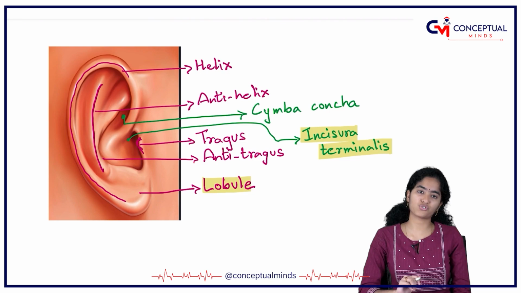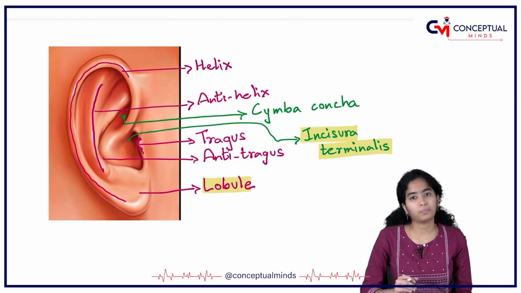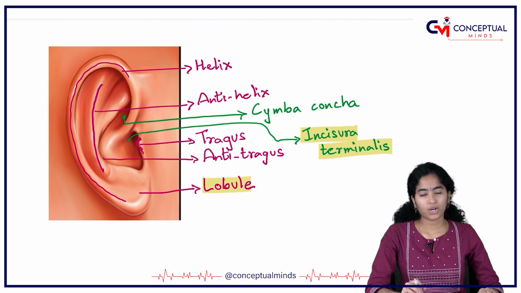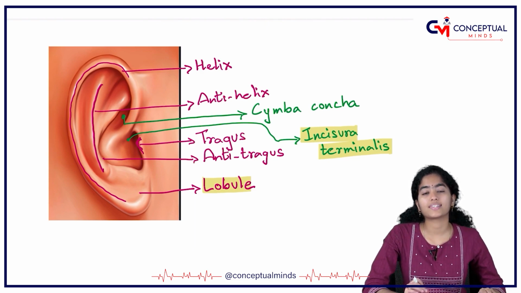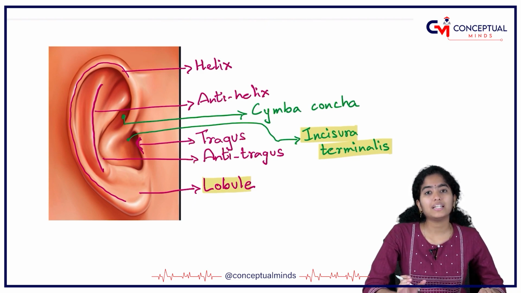Why all these structures are important is because the cartilage of the auricle serves as a graft material in various surgeries, mostly middle ear reconstruction surgeries. In those surgeries, the tragus generally is used as a graft material.